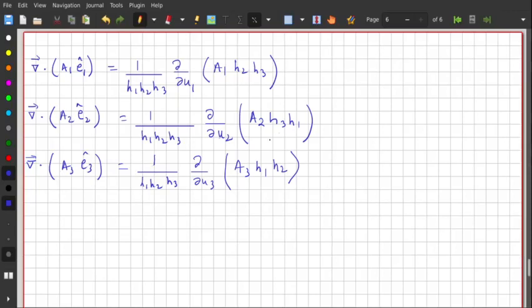Now we can write the vector A in the contravariant basis as A1 E1 cap plus A2 E2 cap plus A3 E3 cap.